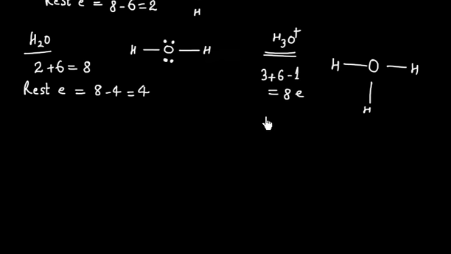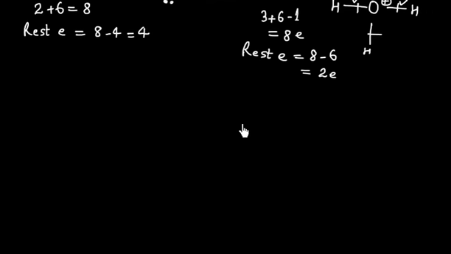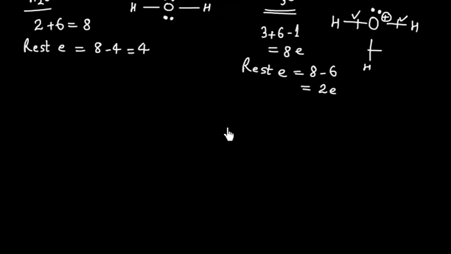We have used 6 electrons, so the rest is 8 minus 6, that is 2 electrons left. Are you getting or not? So we have 2 electrons left that we can put as a lone pair on oxygen. Now if I find the formal charge on oxygen, oxygen has 2, 4, and this is 1, 2, 3, 4, 5, because in case of formal charge we only consider half of the bond. So oxygen has 5 electrons, one can expect 6 for oxygen, so there is a formal charge of plus 1 on oxygen. So this is the Lewis-Dot structure of H3O plus.